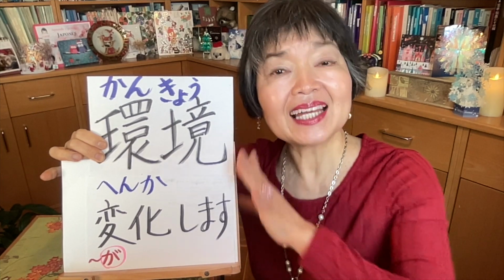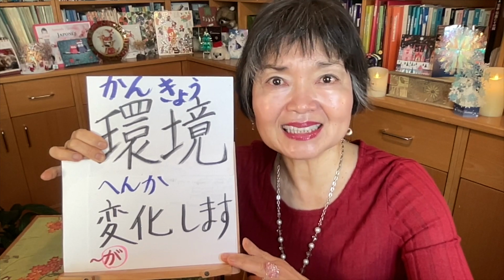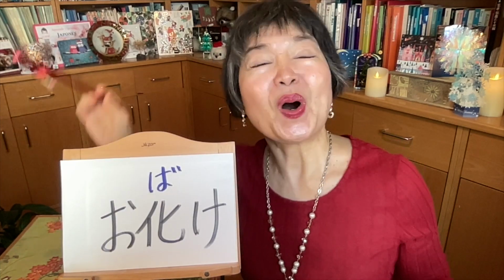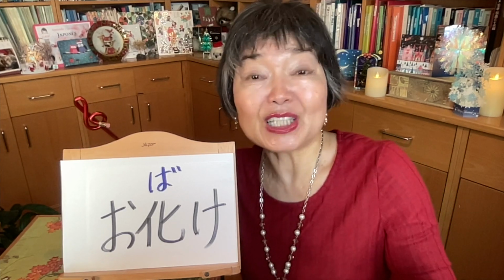環境が変化しています。A ghost, お化け. We use this kanji and we pronounce ba. お化け because this was a person, the normal person, but he made a transformation and he changed into something different, the ghost. お化け.